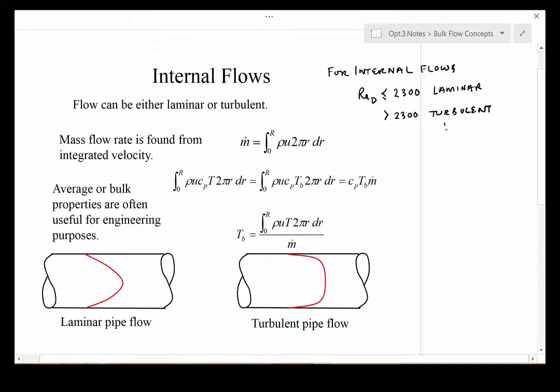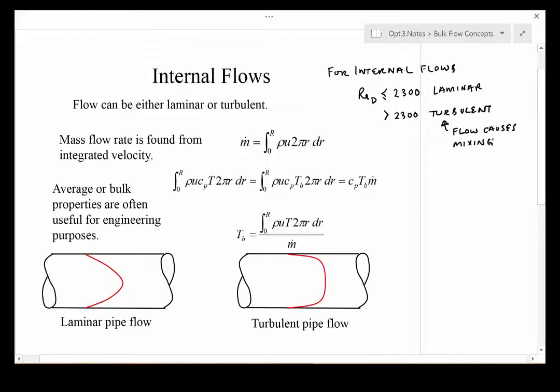And in the turbulent flow, it's the flow itself that causes the mixing. So it's the eddying and the in-depth velocity fluctuations that cause mixing.